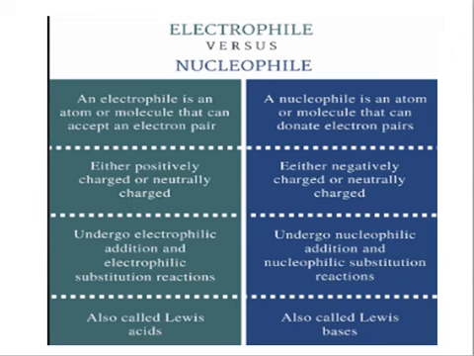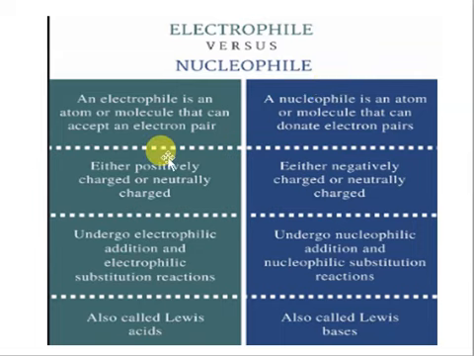So just to see the overall difference between an electrophile and a nucleophile here. An electrophile is an atom or a molecule or group of atoms that can accept an electron pair, while a nucleophile is an atom or a group of atoms or a molecule that can donate electron pairs, right? So there's a difference in electron acceptance or electron donation. Any species that can accept an electron pair, that's what we call an electrophile, and a species that can donate an electron pair would be considered a nucleophile, right?